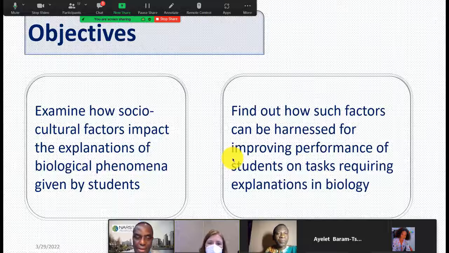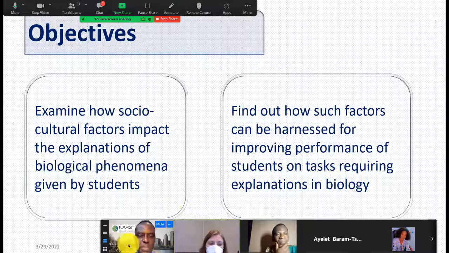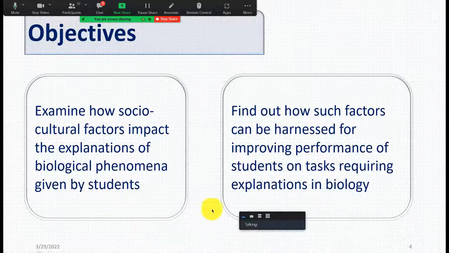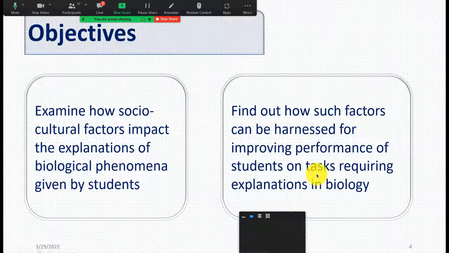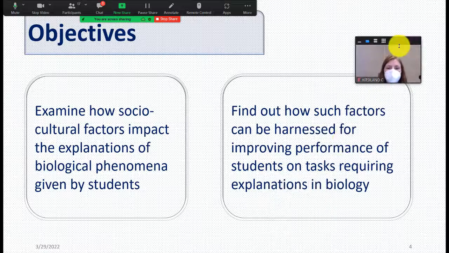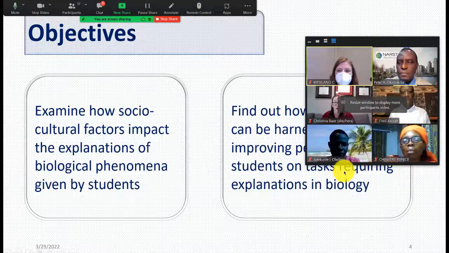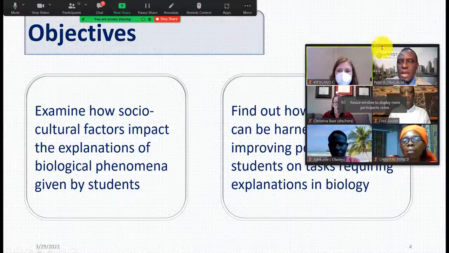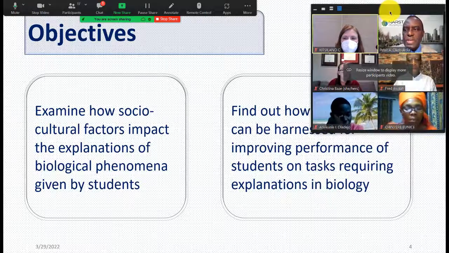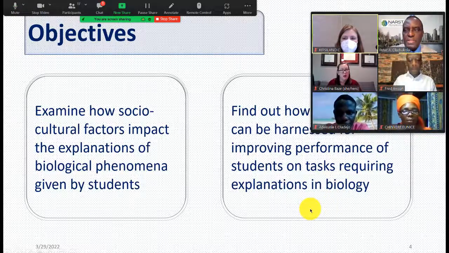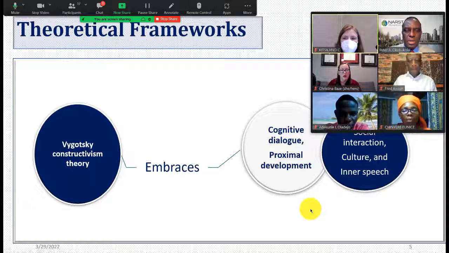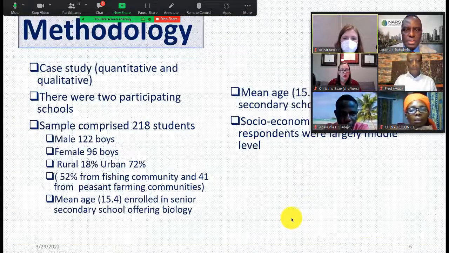I want to find out how teachers, when they are aware of such factors, can manipulate them for best advantage to improve performance. The theoretical frameworks are given on this slide.